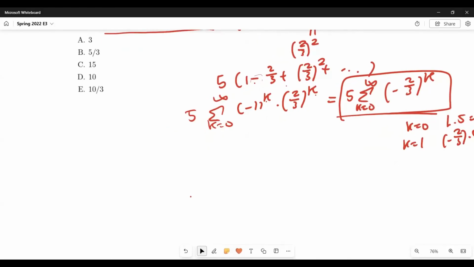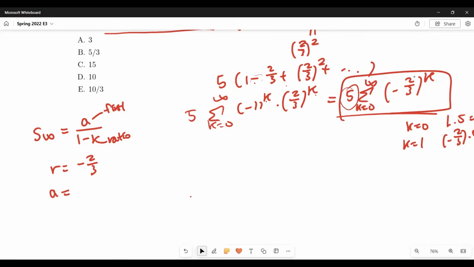And we know the geometric series sum is S infinity equals a over 1 minus r, where a is the first term and r is the ratio. In our case, the ratio is negative 2 over 3. For the first term, don't include the 5, because many people might think the first term would be 5.